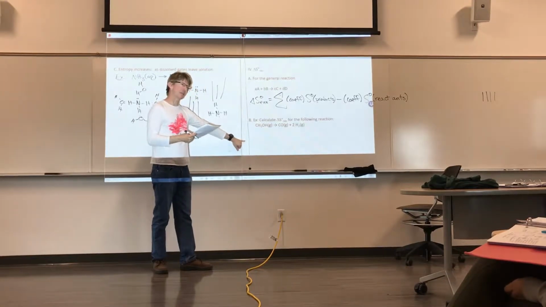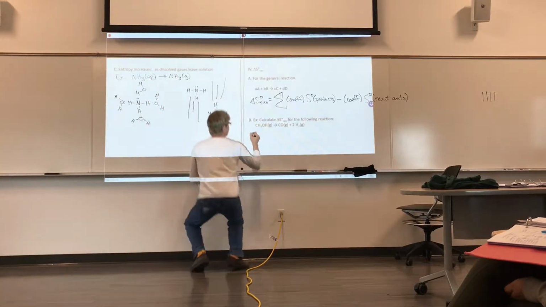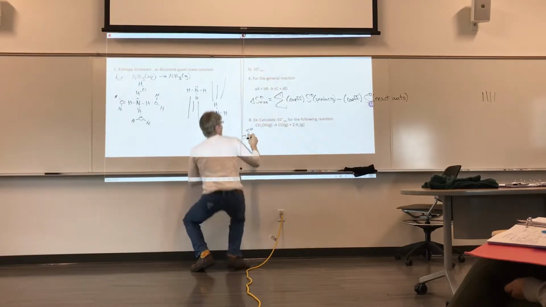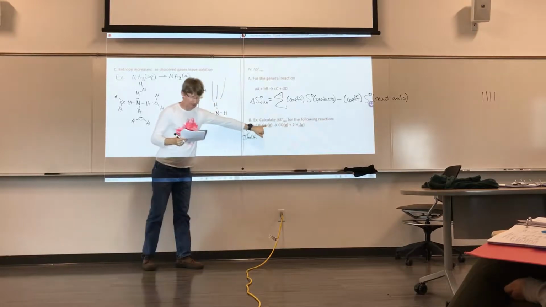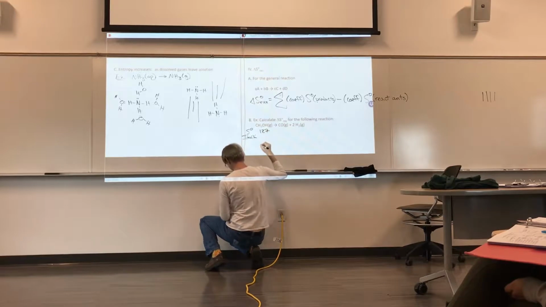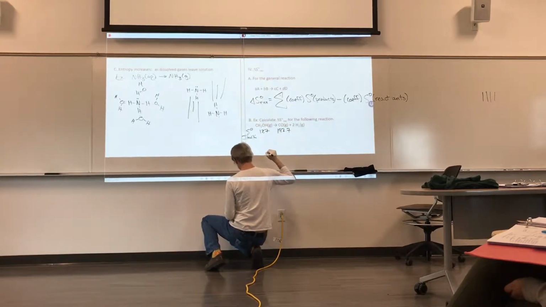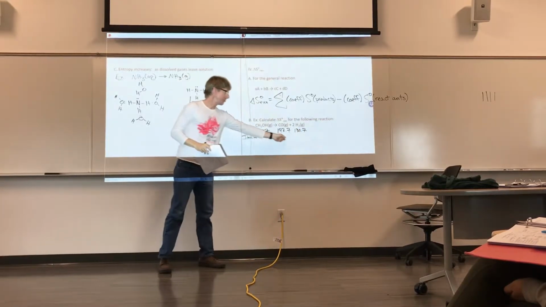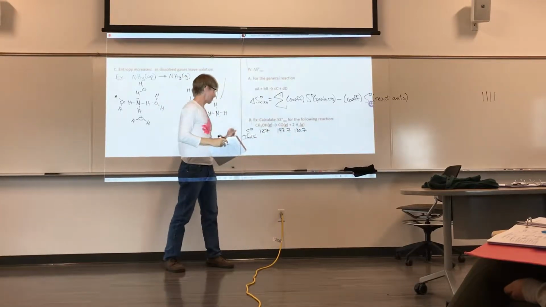For me, like all thermodynamics calculations, the most important thing is to stay well organized. When I look up my values, I'll put them under each of the compounds, then do the math. So these are each of the values from the table. Now it's going to be products minus reactants.